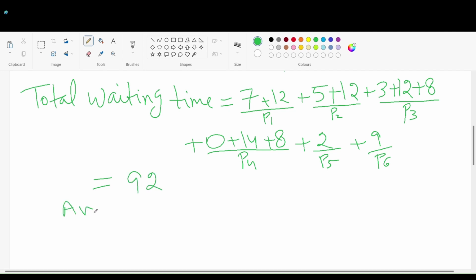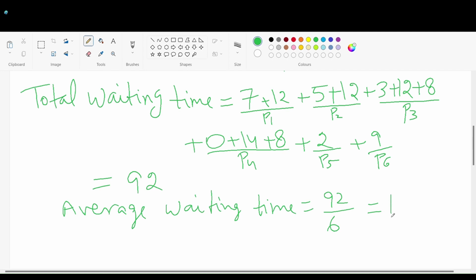And the average waiting time is equal to 92 divided by 6. So divide by 6, it will be 15.33. This is the average waiting time.